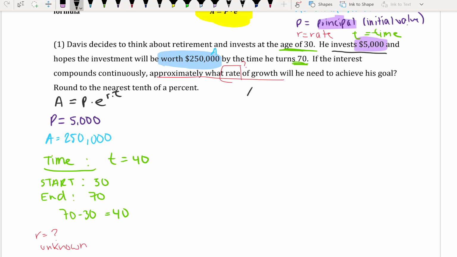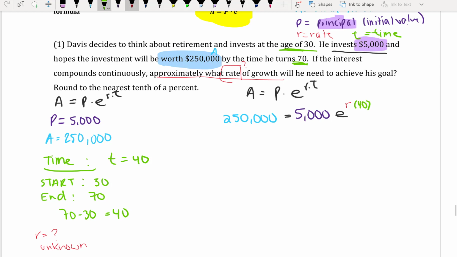So I know that I have A is equal to my principal times e to the R times T. So my A amount, I have 250,000 is equal to the P, which is the principal amount, so that's 5,000. And I have times e to the R, which is what I'm trying to figure out, I don't know, and that T for time, we said was 40.